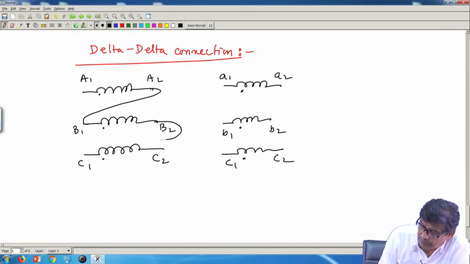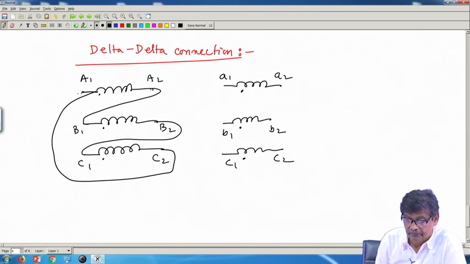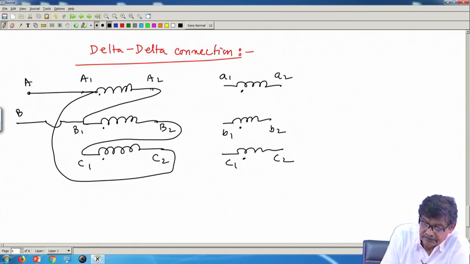This is one of the proper ways of connecting. And I will connect the supply here: AS to A1, BS to B1, and to this junction CS.